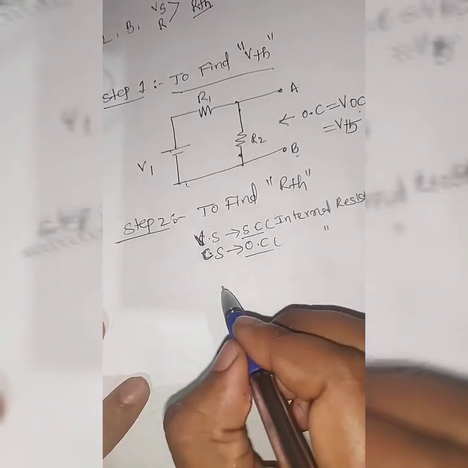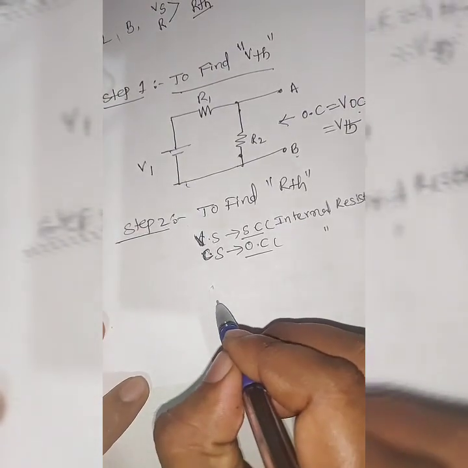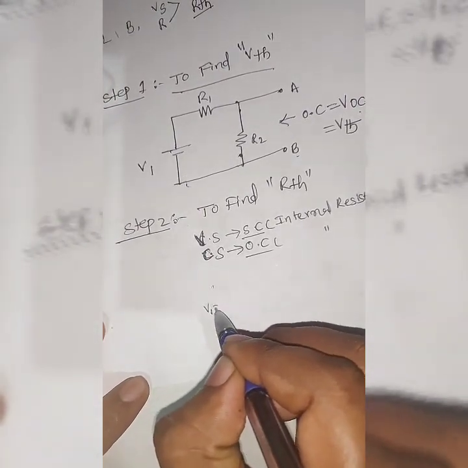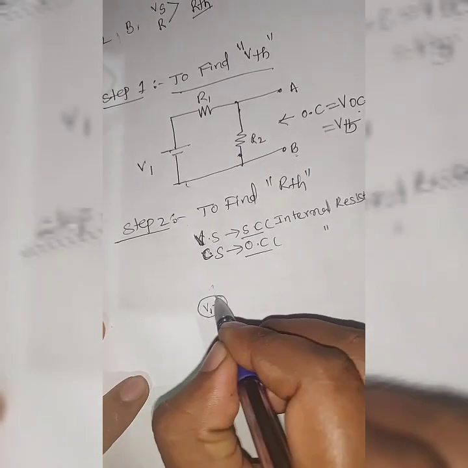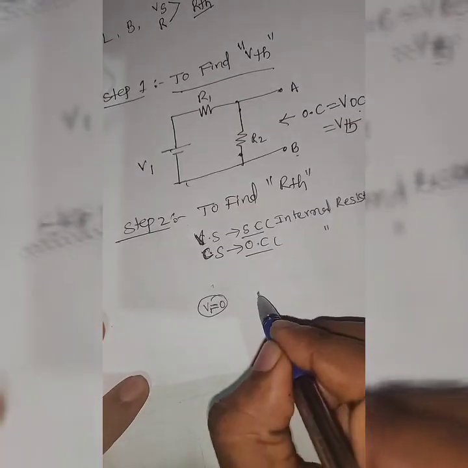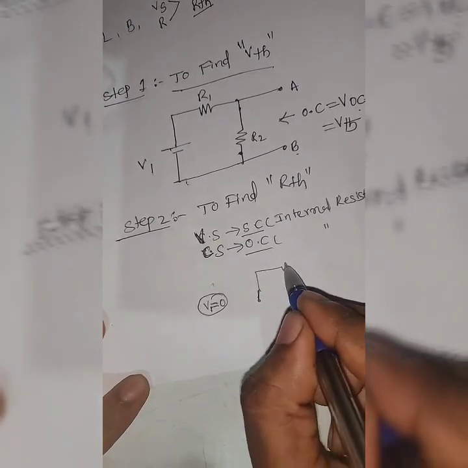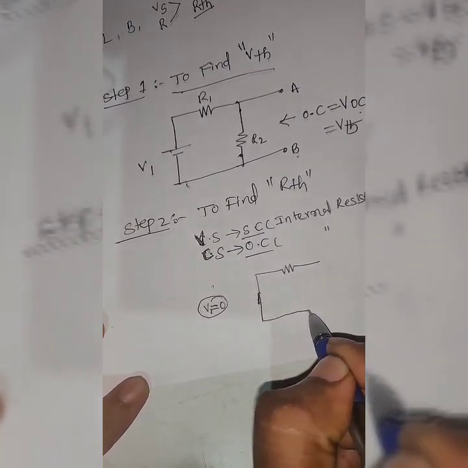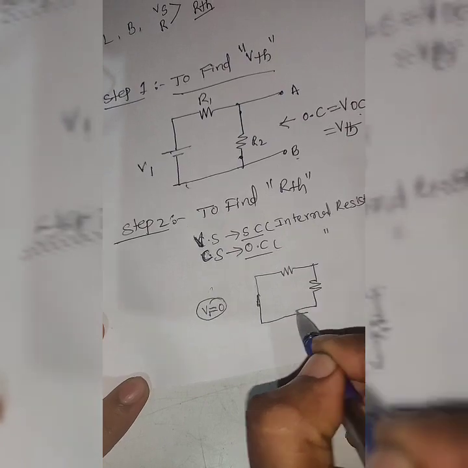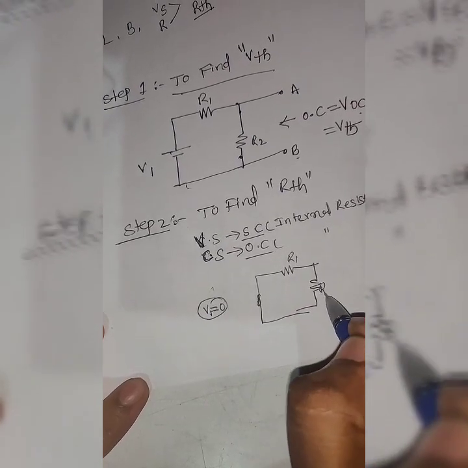In the given circuit we have only one voltage source, that is V1. Make sure it is short circuited, meaning it will be 0. Just short circuit the terminals, remove the voltage V1, then redraw the circuit. This is R1, R2.